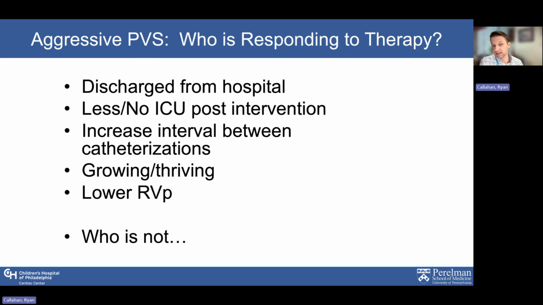And who is not is really the opposite. So if you see longer length of stays, more interventions, very little time in between the interventions, a lot of comorbidities, then those are the patients who aren't doing as well. And those are the ones we're trying to do much, much better on. We're trying to do better on everybody, but definitely those.